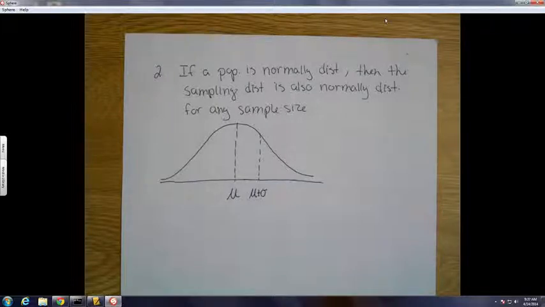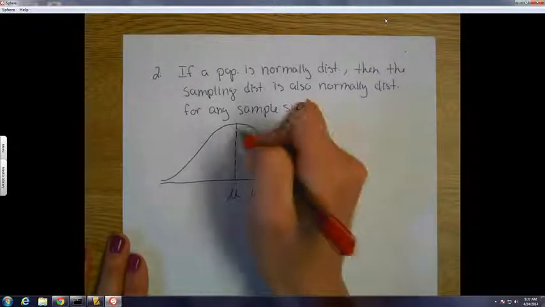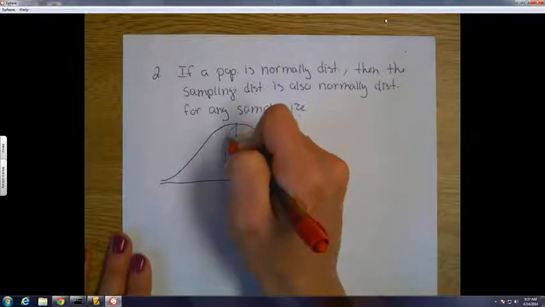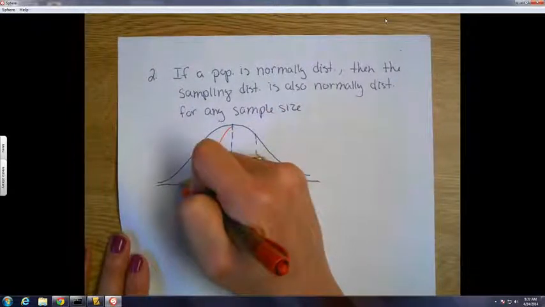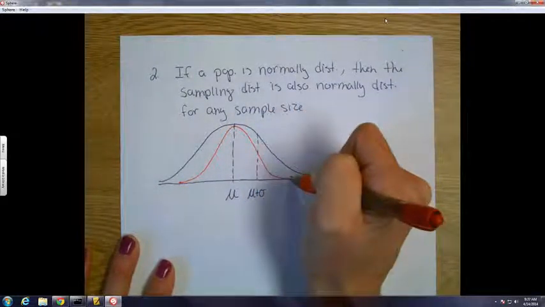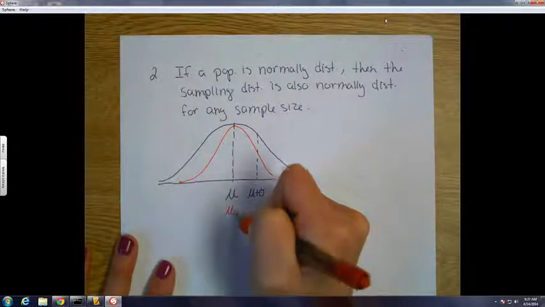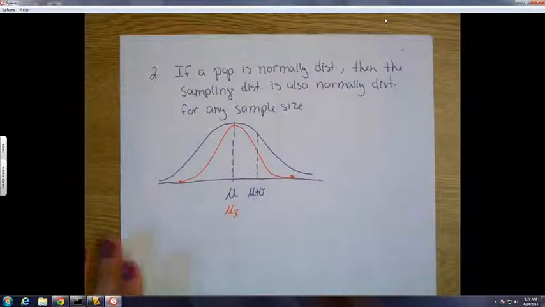It doesn't matter how big my sample size is, but the bigger the sample size, the smaller my standard deviation gets. So I kind of want to draw it in here so you can see it. So I can take any sample size and I will get a normally distributed graph. My two means will be equal.